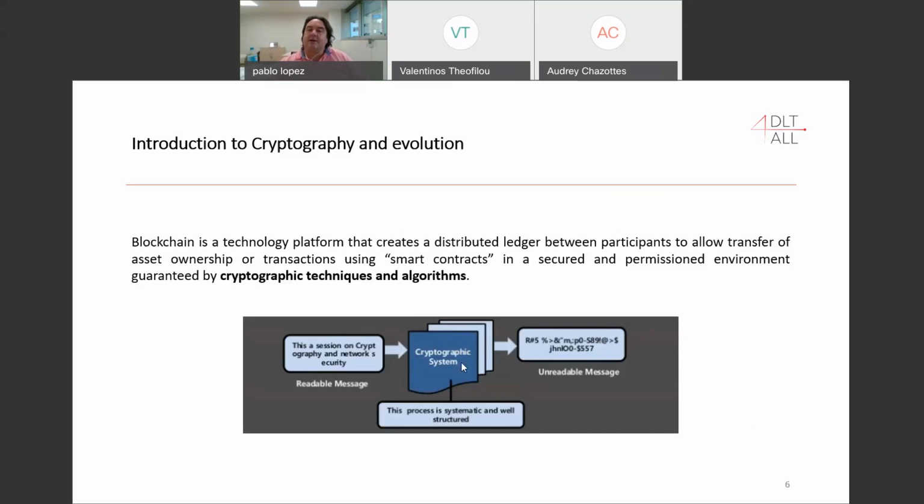As we can see in this graphic, an explanation that we can give to a little child or an old child is that a cryptography system allows us to convert readable text into unreadable text. That means it allows us to send data, to send info, but only the person we want can read it.